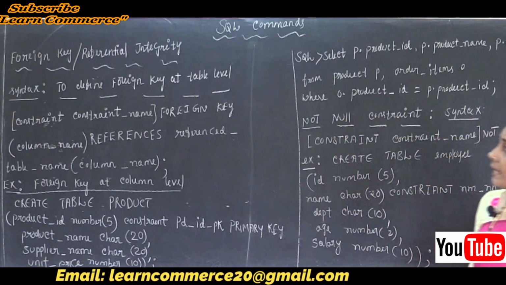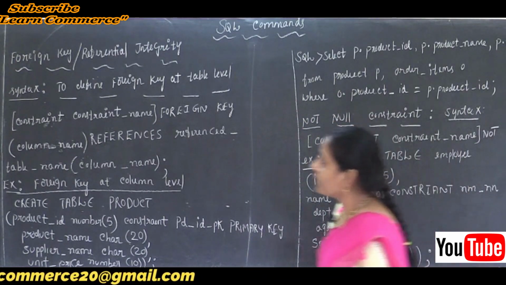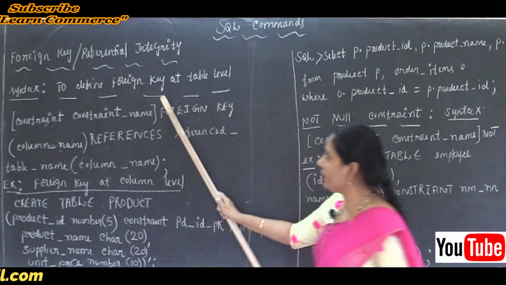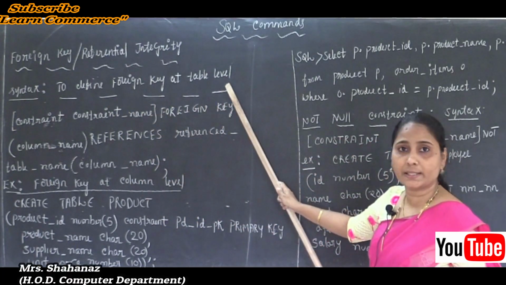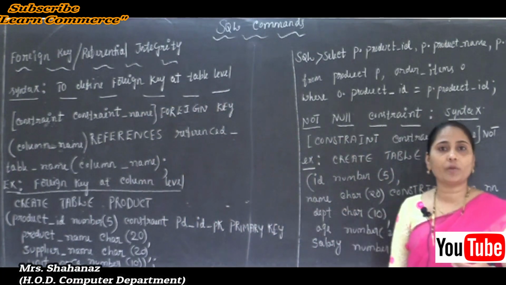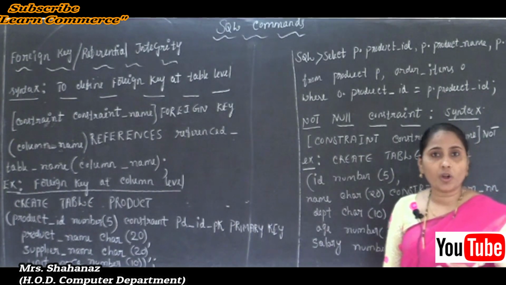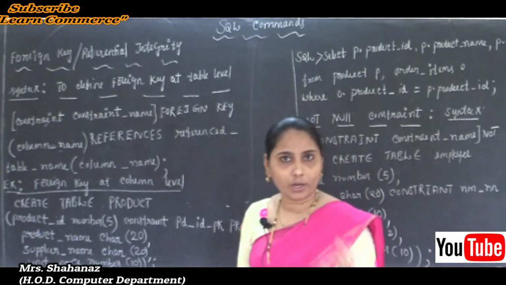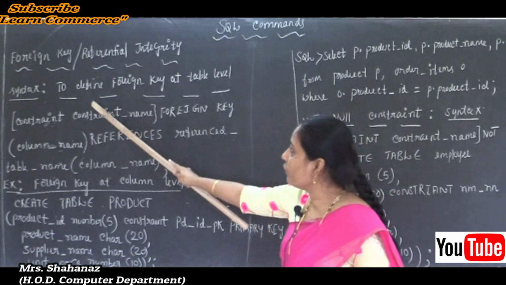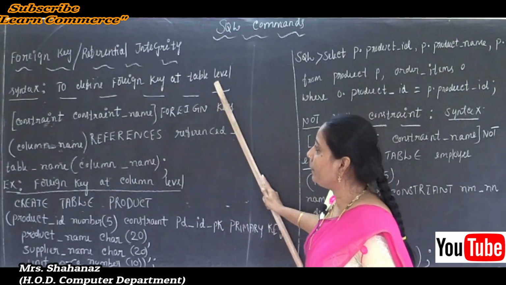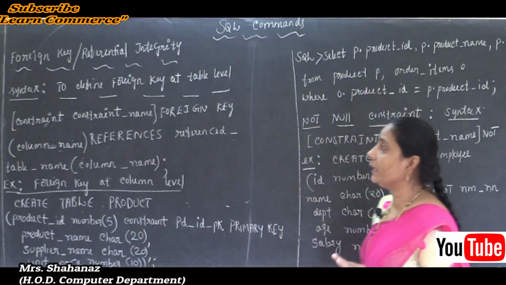Now let's move to the next thing, the syntax to define the foreign key at table level. Clear this point? Because we know the meaning of table level: such a constraint applies to all columns. So how do we use the syntax?